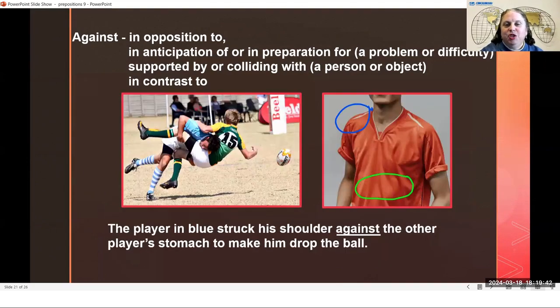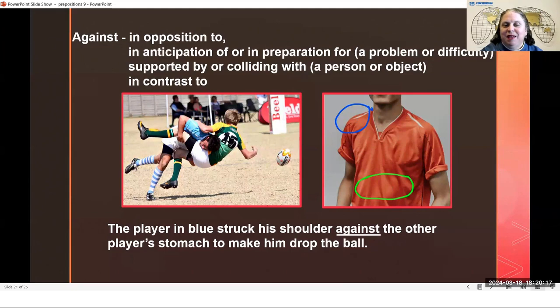Now this one is showing colliding with. When two things collide, they bump into each other. This says that the player in blue struck his shoulder against the other player's stomach to make him drop the ball. The shoulder is the part circled in blue, and here is the stomach.